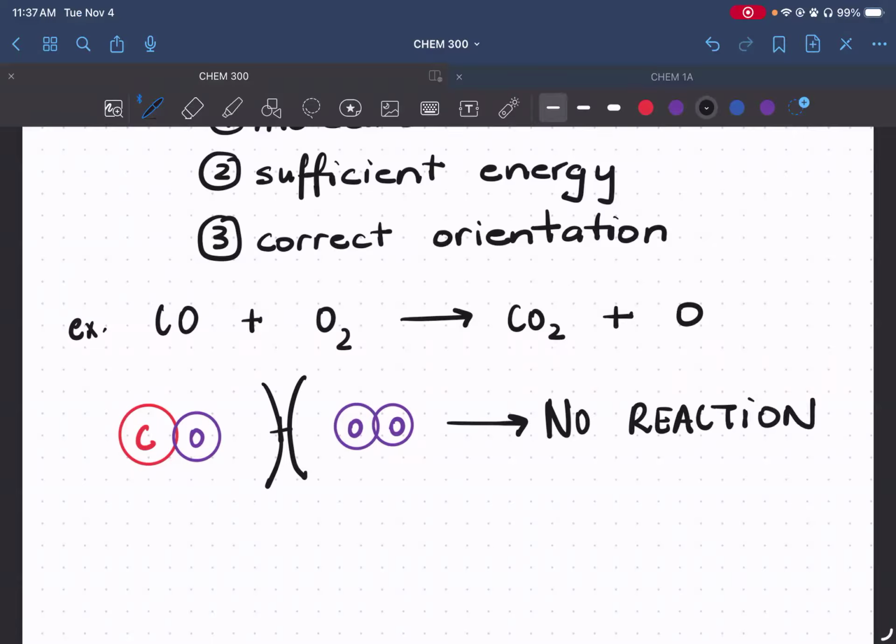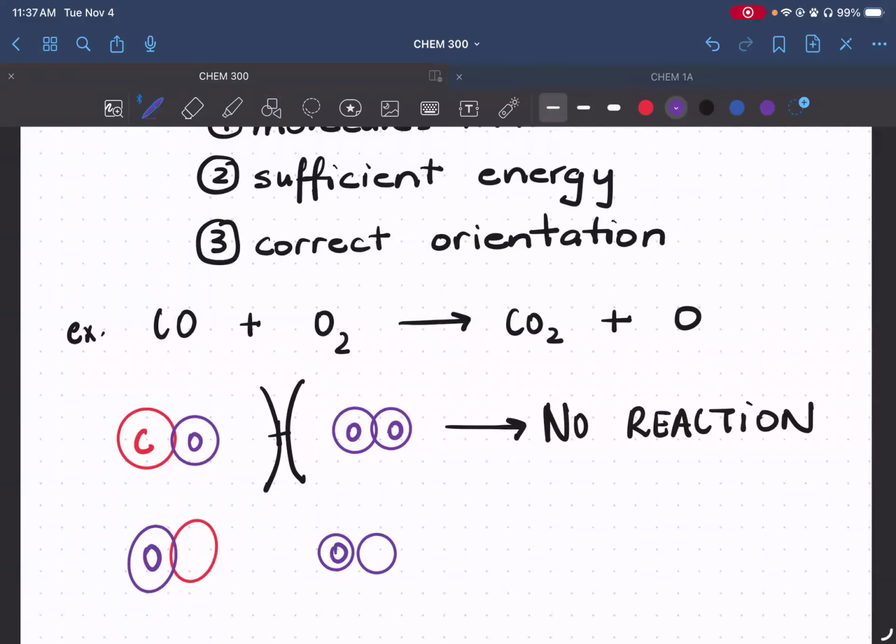But if we were to slightly flip it, oxygen, oxygen, oxygen, carbon.